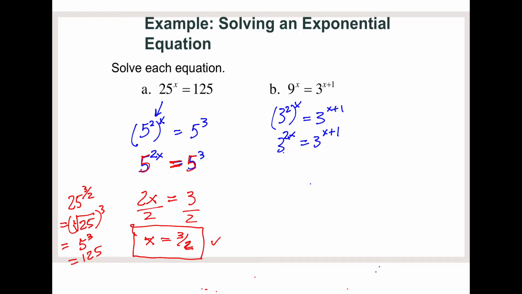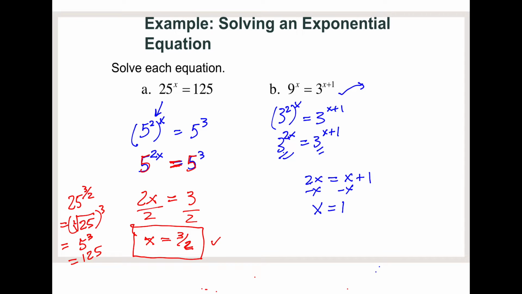And so now with the same bases on each side, we can focus on the exponents, figuring out how 2x can equal x plus 1. And if I subtract x from both sides, we see that's 2x minus 1x, or x equal to 1. So in other words, when x equals 1, our two sides of that equation will be equal to each other.